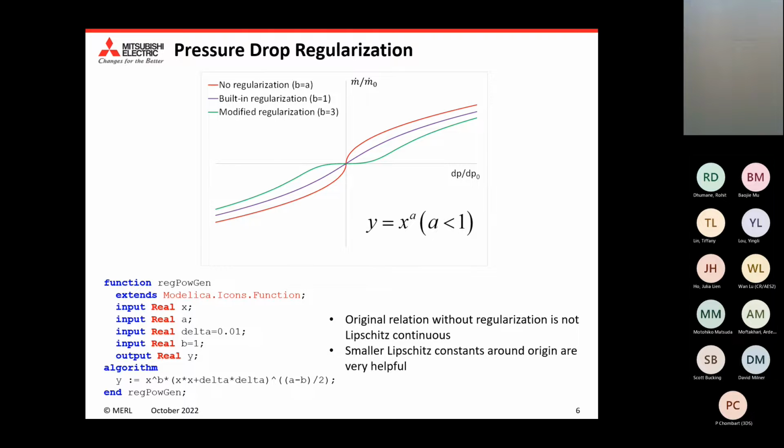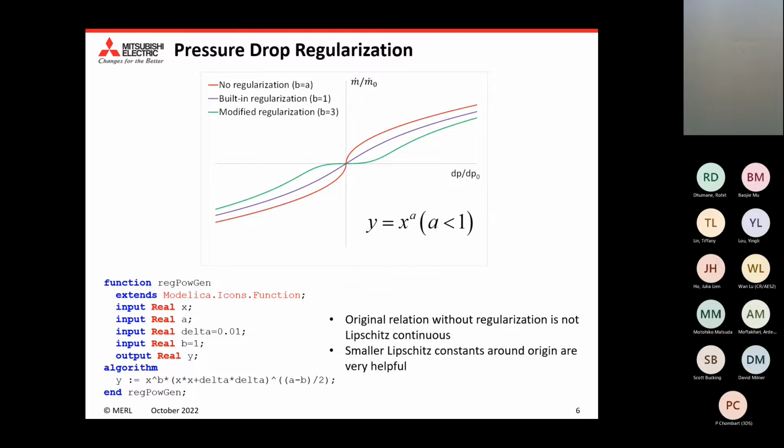But the problem is they just use a linear one, so the power constant is 1 here. Basically, what that function does is linearize the relation around the origin. We used that built-in function and simulated our cycle models under zero flow conditions, but we found that the speed is still very, very slow.